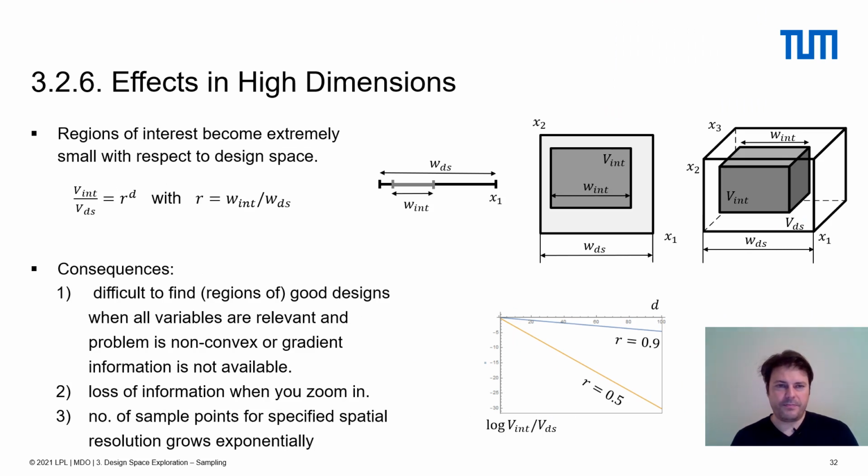For the next effect, let's think of what I call regions of interest within your design space. A region of interest would be a region of designs that satisfy requirements or constraints. And this region could be represented by a fixed interval for each design variable. And now let's assume that that region of interest is such that for every design variable, that interval is the same.